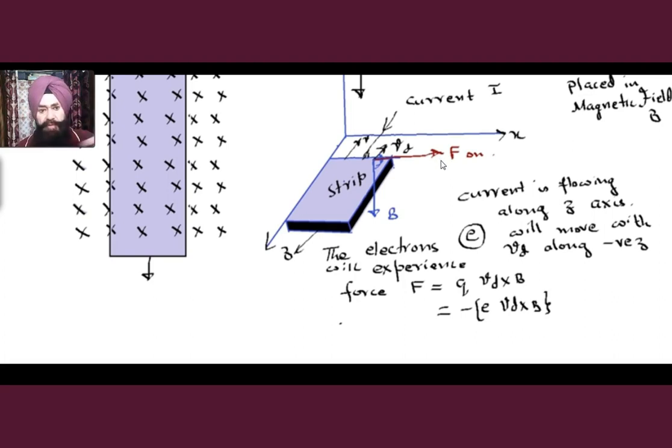You can find the force acting because the forefinger points the direction of the magnetic field. The magnetic field is downward, and the current is along this side. The middle finger points along the current, and the thumb gives the direction of the force.